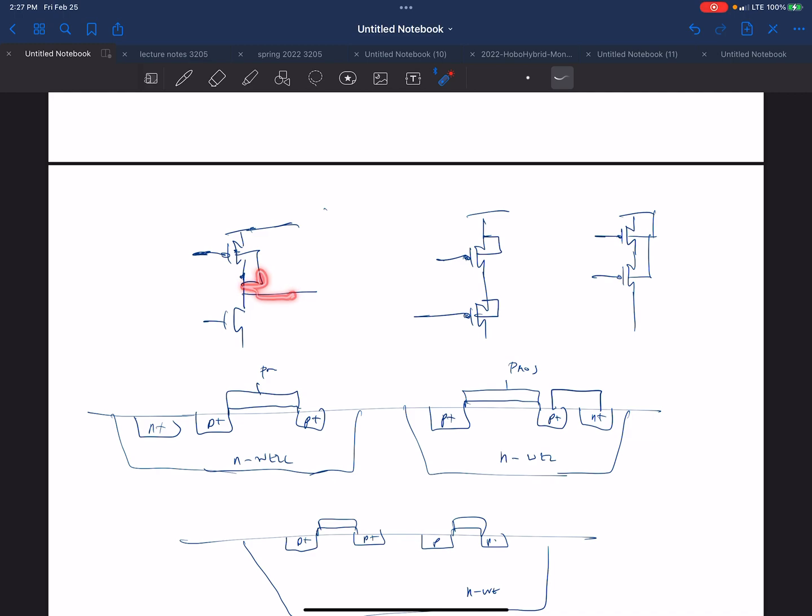And remember, sometimes your output's at ground, sometimes at VDD. So that's also modulating your channel, which is not something you want for a switch. You don't want two separate connections doing God knows what, dependent on some other signal. You want a gate that's controlling that switch, and that's the only thing controlling the switch.